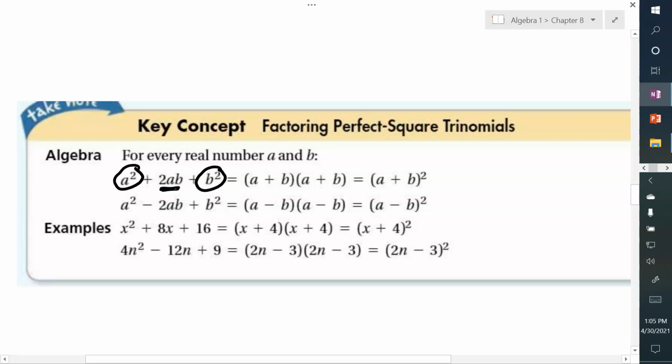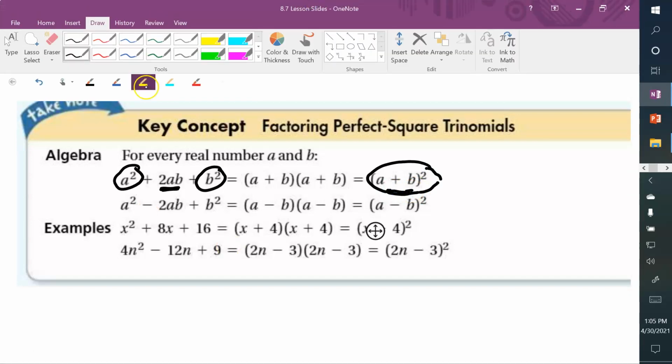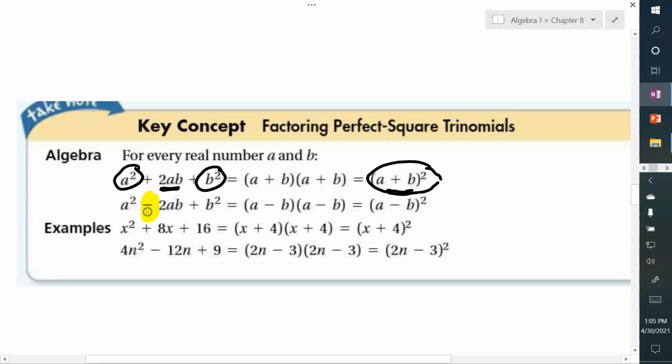If you have that, then you have a perfect square. And if it's all pluses, then it's (a + b)². On the other hand, if you have that, but you've got a negative in here, then you're going to have (a − b)². My advice is just factor like normal.